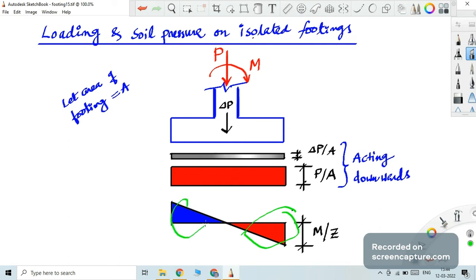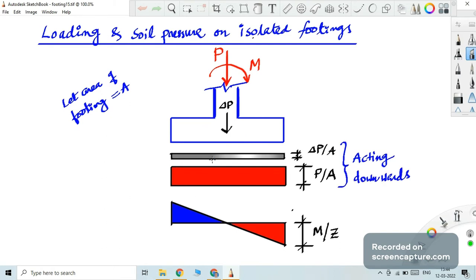But the other triangle, this one, the pressure from the footing is acting upwards, because that footing is trying to tilt. So due to right side or clockwise tilting, we can imagine that. Not tilting actually, it will try to tilt. In that case, this portion of the footing will be exerting downward pressure, and this portion of footing will be getting lifted up. So upward pressure.